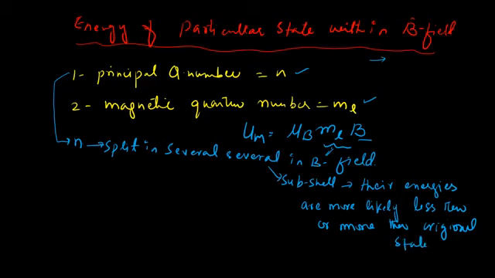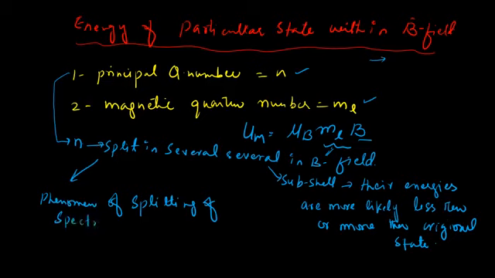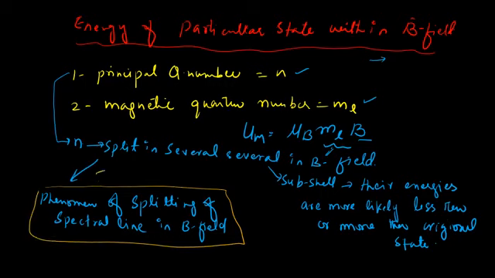Here we can say that this phenomenon of the splitting of spectral lines in a magnetic field, or in the presence of a B field, is called the Zeeman effect.